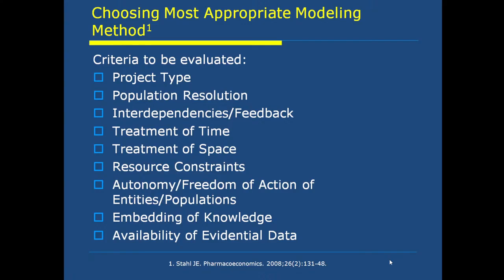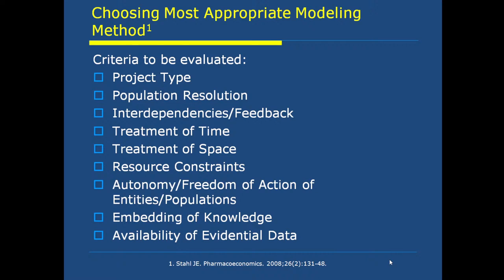Agent entities contain information about their state and decision rules on how to communicate and interact with other agents. To choose the most appropriate modeling method, we need to evaluate the next criteria shown on this slide. First of all, we need to understand the project type. Then we need to set the population resolution.